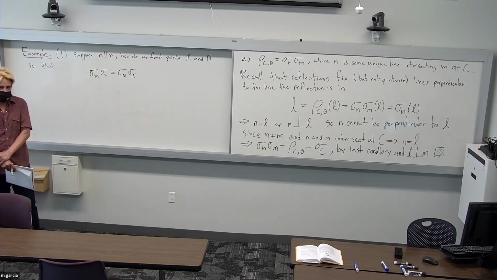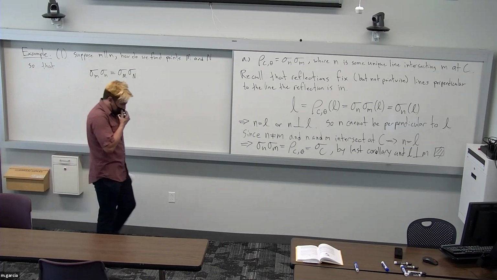What should we do? Well, if it's a product of two half turns, we know that it's a translation.